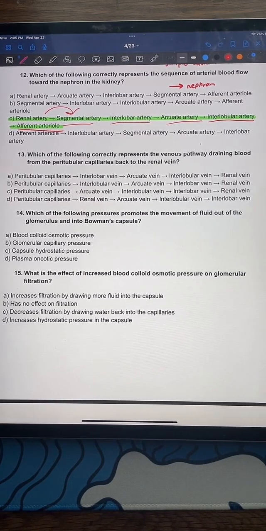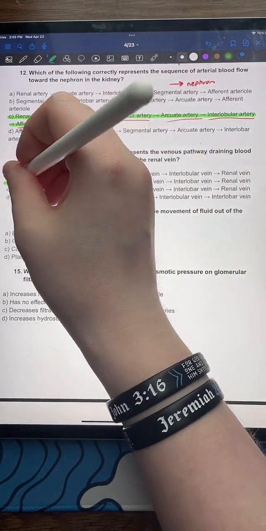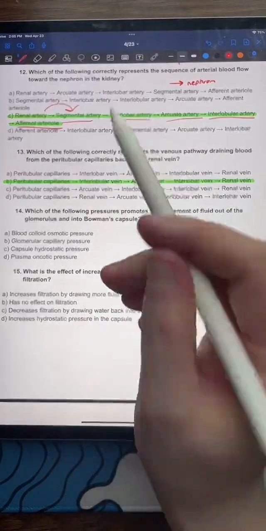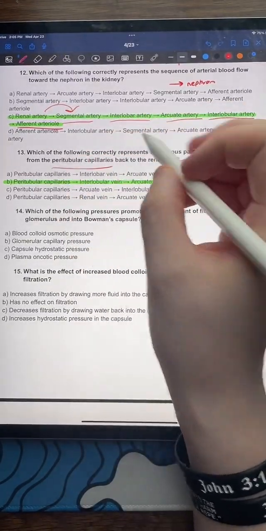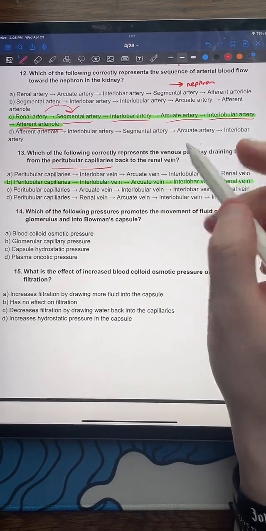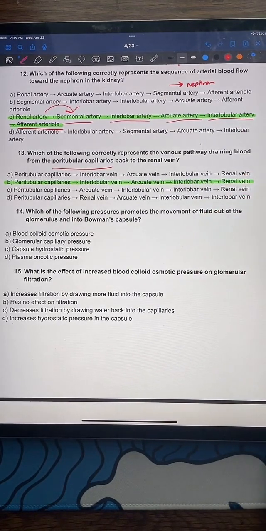It's just forward versus backwards for the most part. So the answer is going to be B. It starts with the peritubular capillaries, that's where we're starting here, and goes to the interlobular vein, the arcuate vein, and to the interlobar vein, into the renal vein.